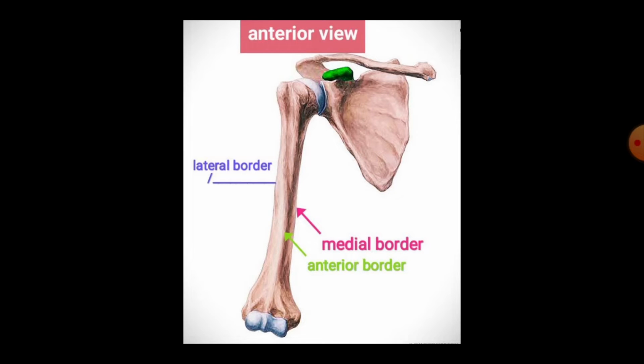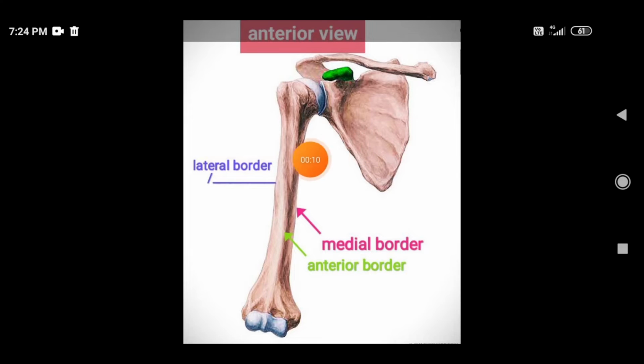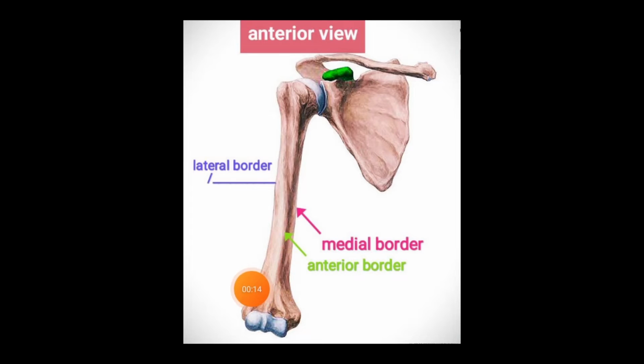Next is the shaft of the humerus. The shaft is rounded in the upper half and triangular in the lower half. It has three borders: anterior border, medial border and lateral border.